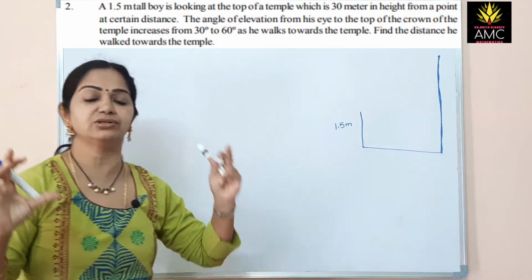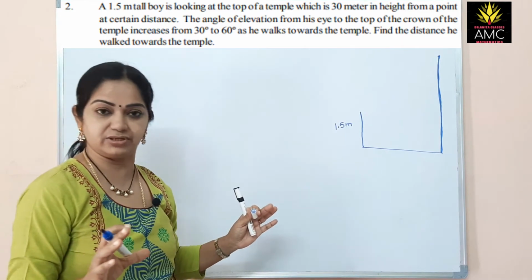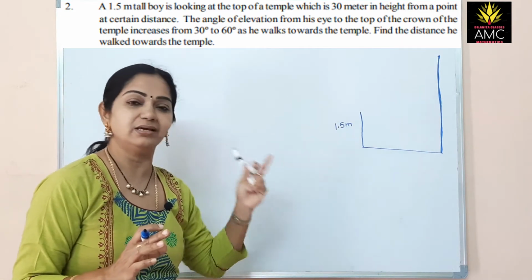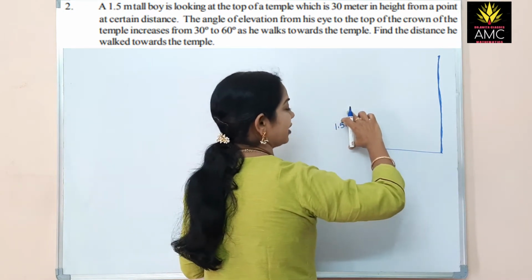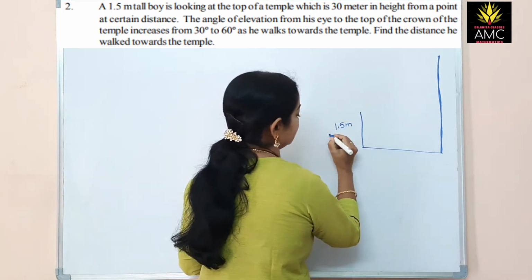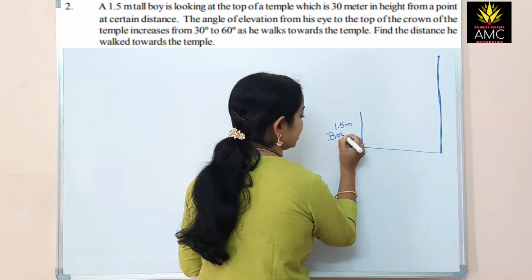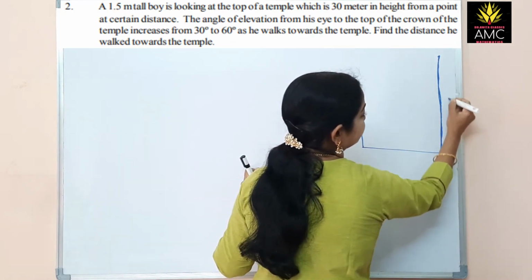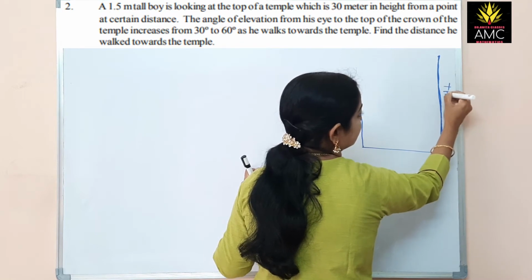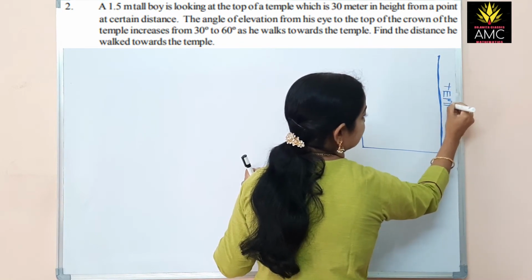If not mentioned, we should not take that into consideration. Just eyesight is the point of observation, right? Now here mentioned 1.5 meters boy, that boy's height, he is that much tall. Now this is the temple, right?